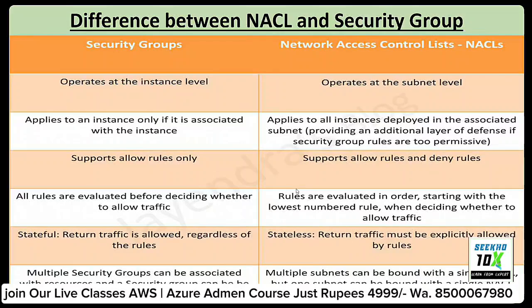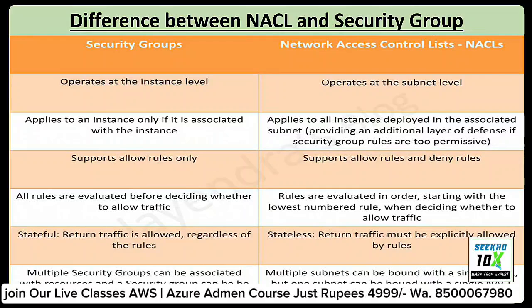This is one more point, which I will explain at the time of the lab session. In a NACL, we mention rule numbers, and based upon the numbers, the traffic will be allowed or denied. For example, I have kept a rule number 90 as a deny, and rule number 100 as an allow.